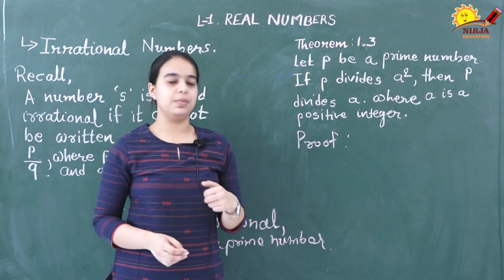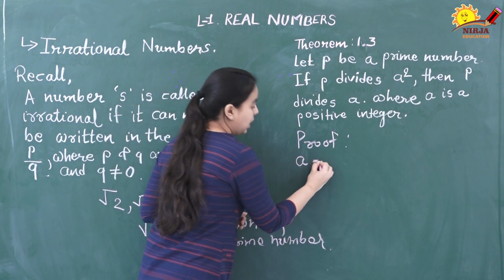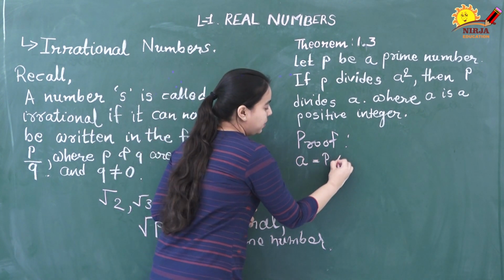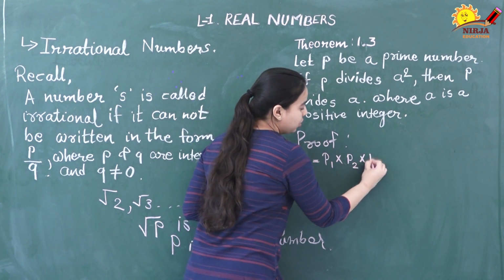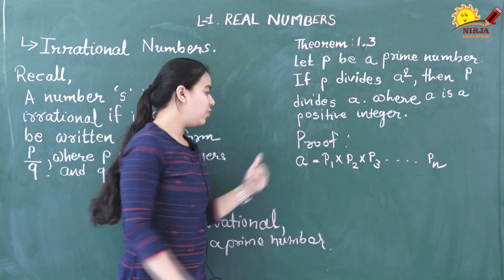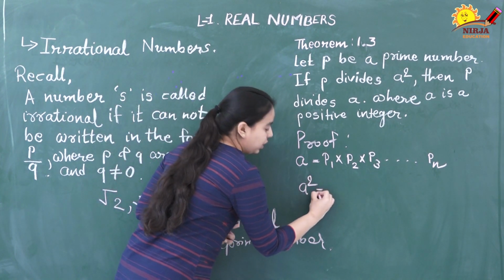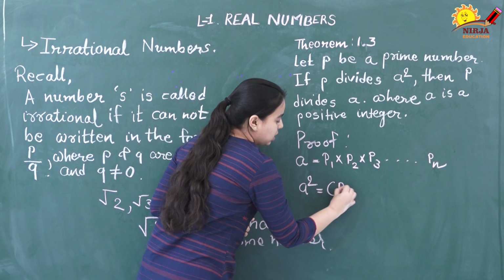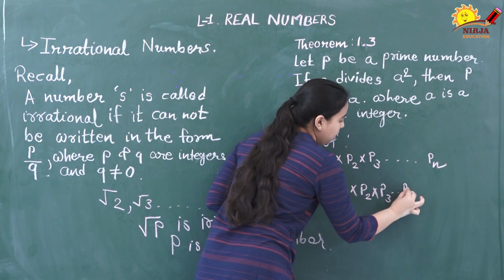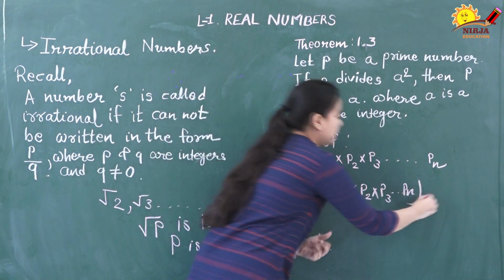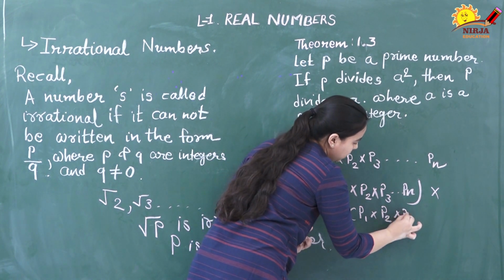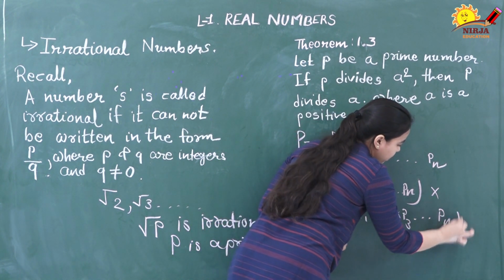Here I am taking one number a. If I find the prime factors of this a, it can be p1, p2, p3 and so on. If I take the square of a, a square is equal to p1 multiplied by p2 multiplied by p3 up to pn, multiplied by p1 into p2 into p3 up to pn.